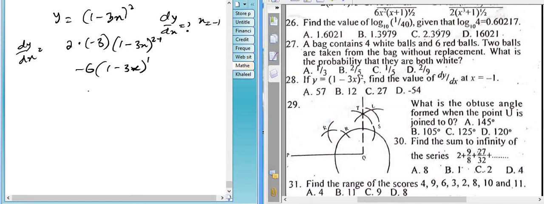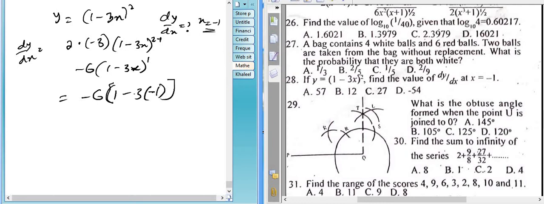So from here, it's not the same. This is power 2 and the previous one at the back was power 3. So this is a different question, but still the same procedure. Therefore -6 into (1 minus 3 into x), we have x as -1 from the question, take x to be -1.